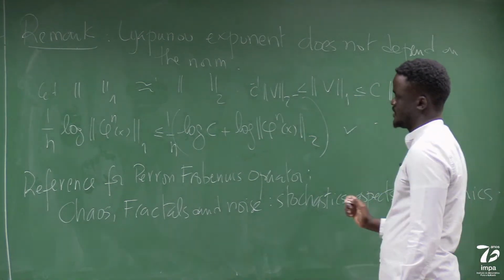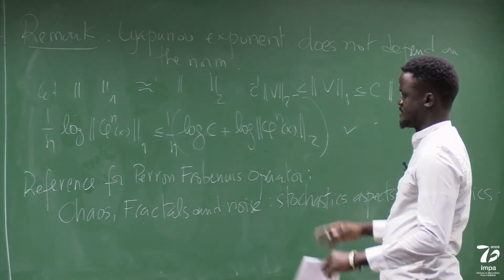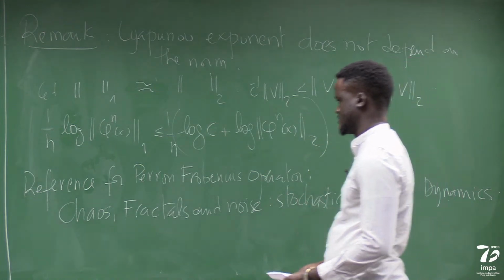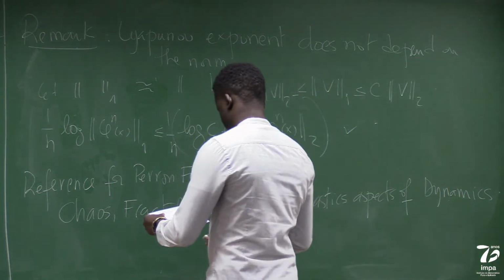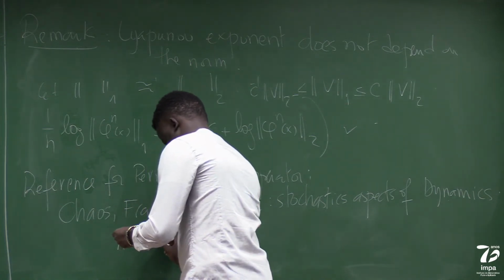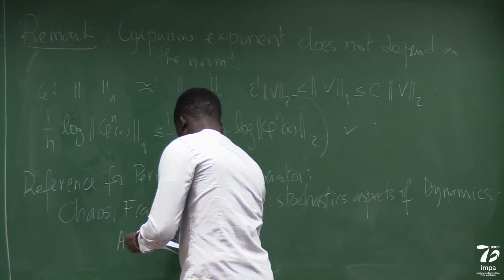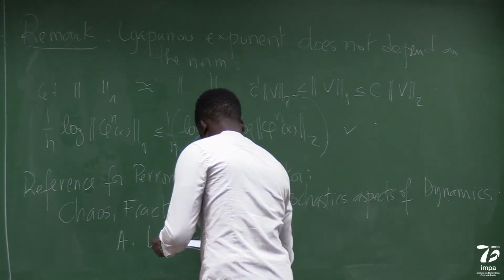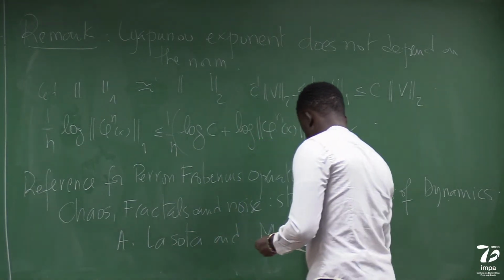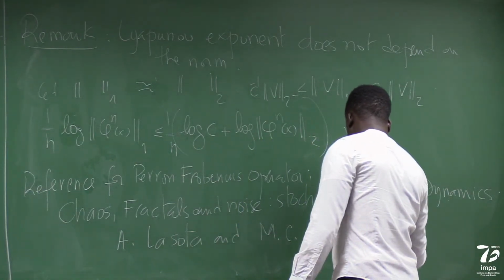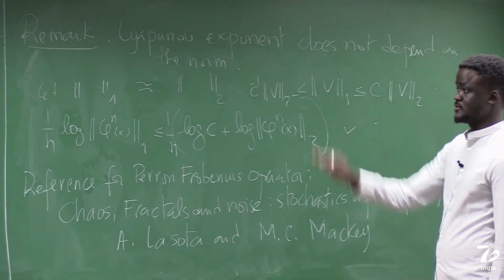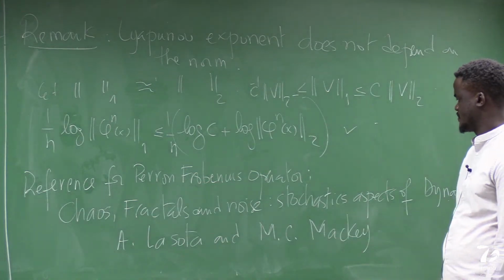If you really want to study these properties using functional analysis, this is a good book to look at, by Andrzej Lasota and Michael C. Mackey. It's a good book if you want to read about the Perron-Frobenius operator and also the Koopman operator.